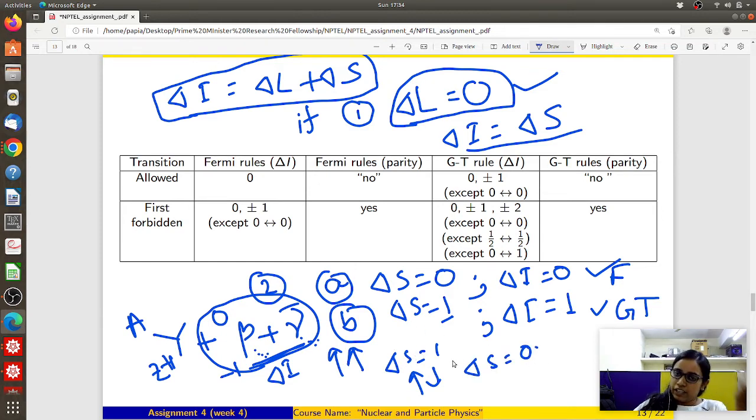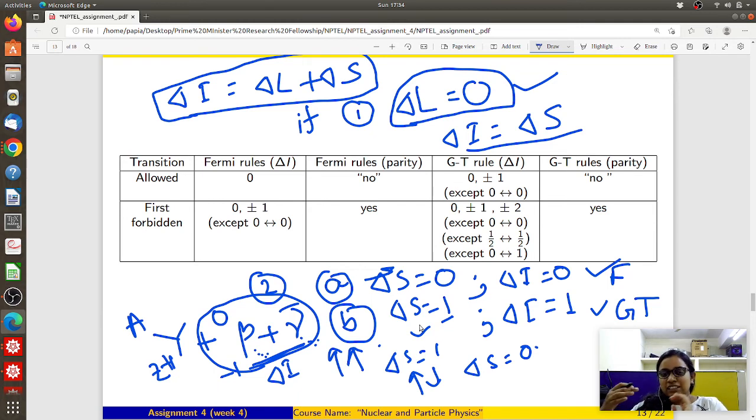And obviously there should not be any other value of delta S other than 0 and 1. So two conditions will be there, one is Fermi type and one is Gamow-Teller type. If the first condition is satisfied, then we can say it is a Fermi type allowed transition. But if the second one is valid, then we can say it is a Gamow-Teller allowed transition.